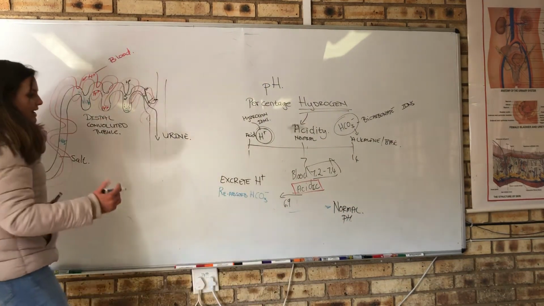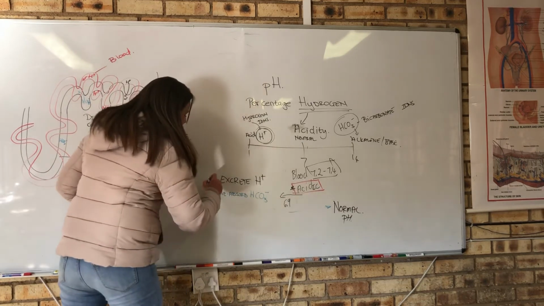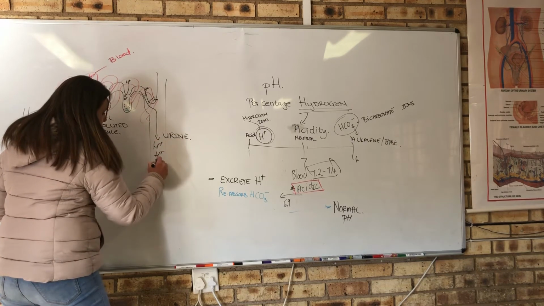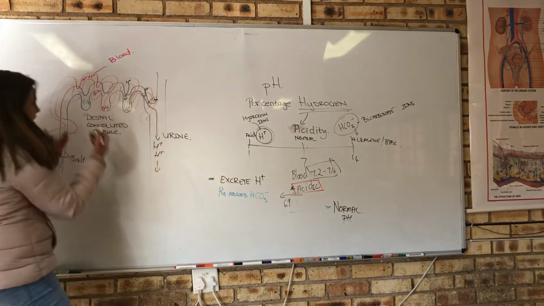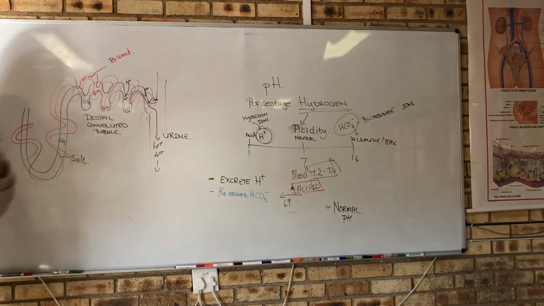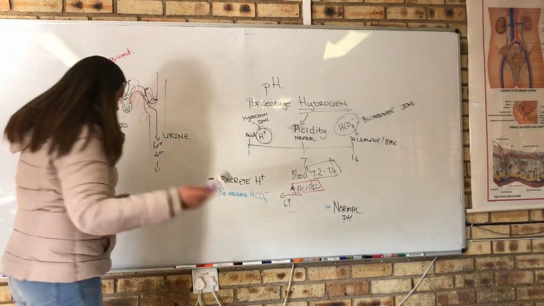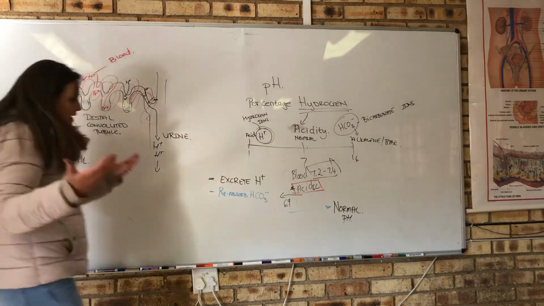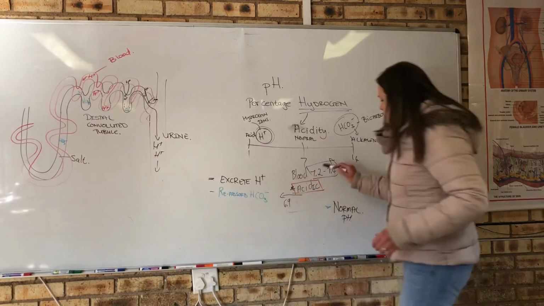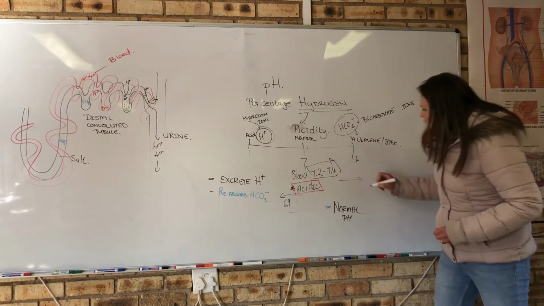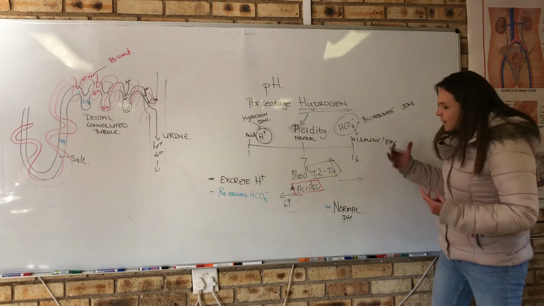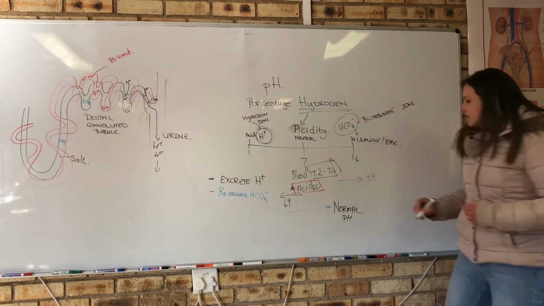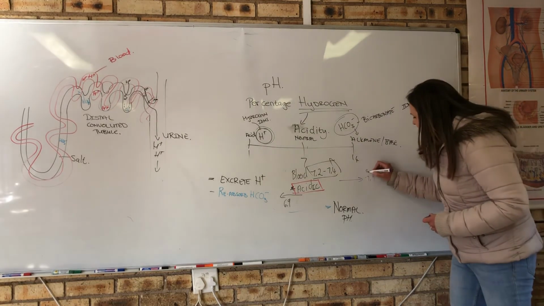So when our blood is very acidic, we excrete hydrogen ions from the blood into the tubules to be lost. We're going to get rid of them in the urine. And we reabsorb bicarbonate ions so that we can push it more alkaline. Okay, so grade 11, it's going to work in the exact opposite way if your blood becomes too alkaline. Let's say it goes to like a 7.9 or whatever, it's now too basic.